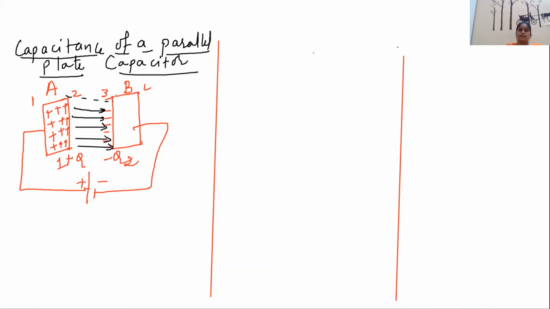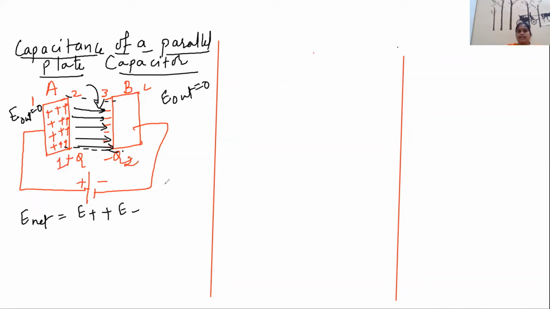Because the electric field, according to the Gaussian surface, will exist within the plates, the electric field outside will be zero because there is no charge, and the net electric field is zero here and zero in this region. But inside, the net electric field will be the electric field due to the positive plate plus the electric field due to the negative plate.